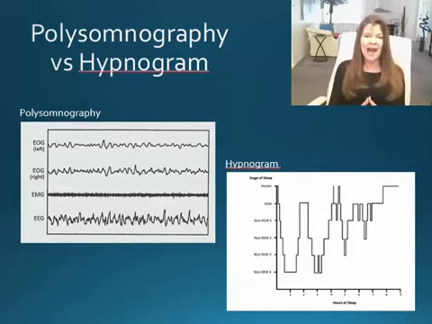Hypnograms are often provided by apps and wrist devices that you can buy and wear. It is interesting and informative to see the overall quality of your sleep. But as you can see here, the polysomnography as used in an on-site sleep lab provides significantly more detail, information, and accuracy.